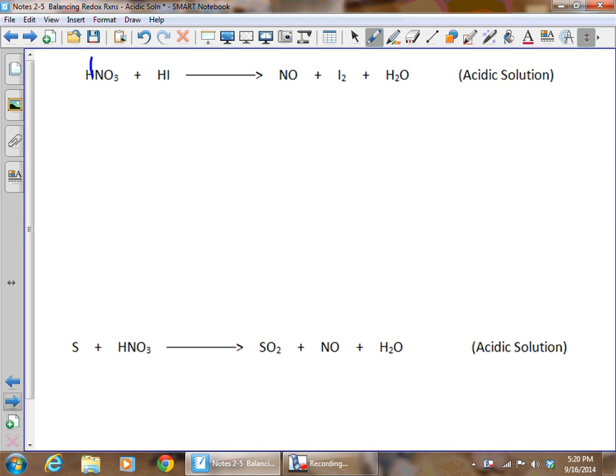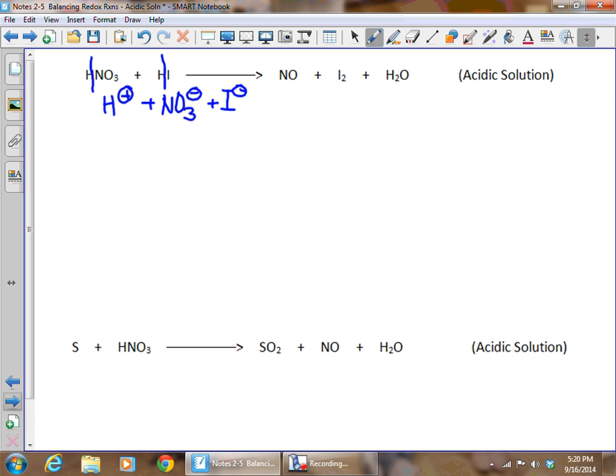We're going to show that this strong acid is going to ionize. We're going to rewrite this as net ionic. So we've got H plus NO3 minus. HI is also going to split. It's a strong acid. I'm not going to write the H plus again. I've already written it once, so we'll just combine those together.